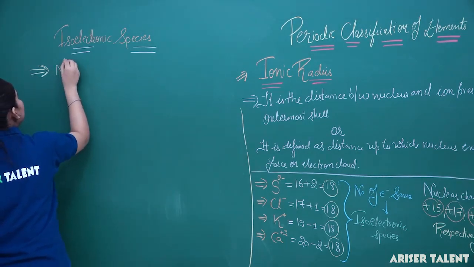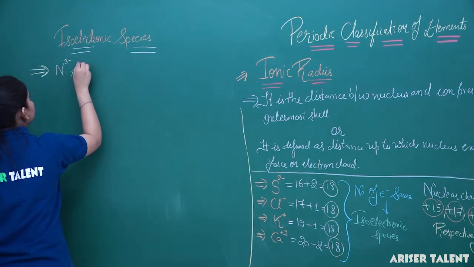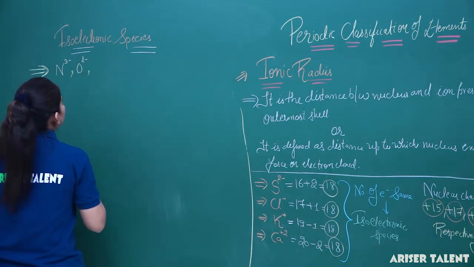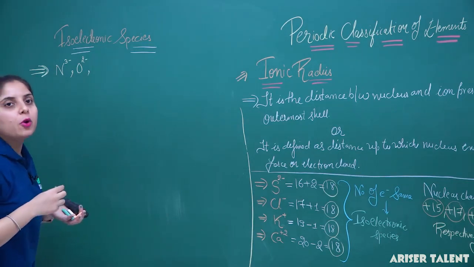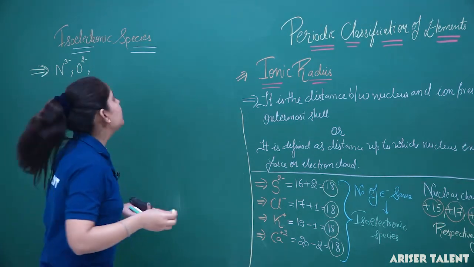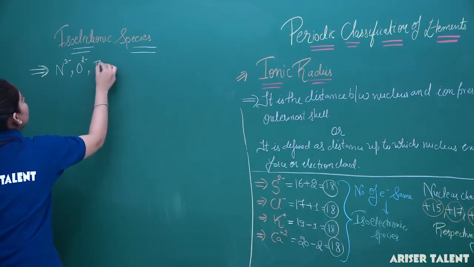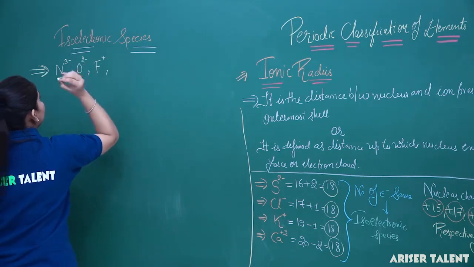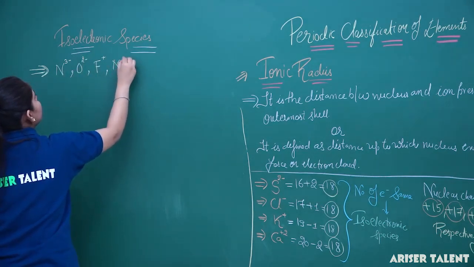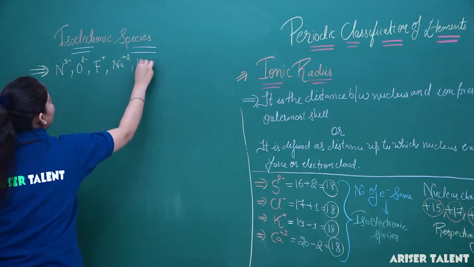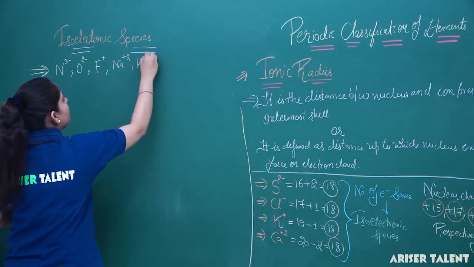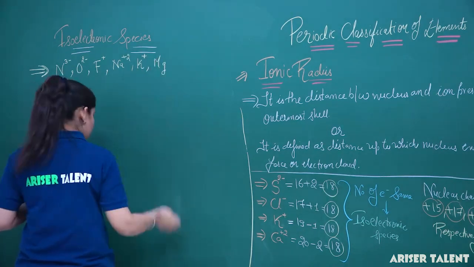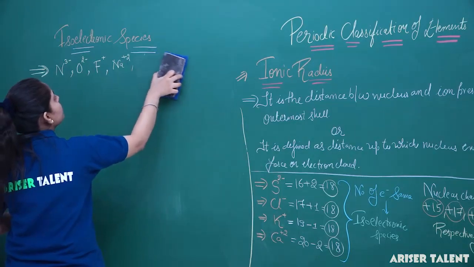If I am considering N3 minus, O2 minus, nitrogen, oxygen. After nitrogen and oxygen, which element will come? We will not take neon because it is counted in the group 18 elements. We have fluorine, that is F minus. After F minus, we are going to take sodium. Then we have magnesium.